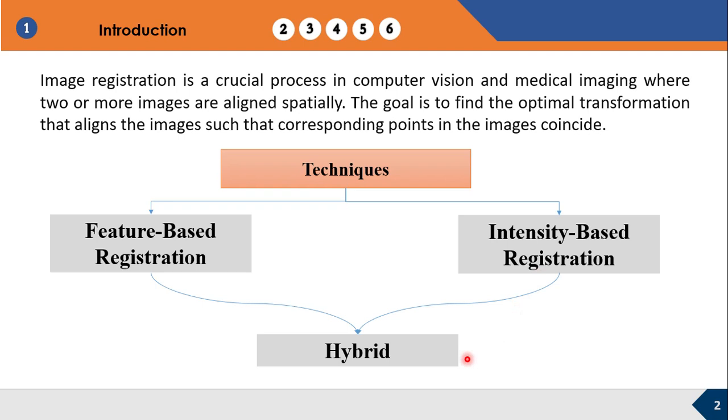There is also the hybrid image registration technique, which combines the two techniques mentioned. So in the following, we will propose a new algorithm for intensity-based registration to find the parameters of the geometric transformations needed to align the images based on the Archimedes optimization algorithm.